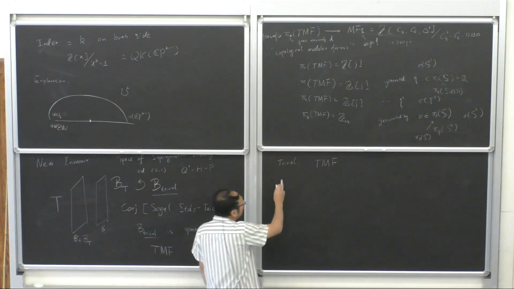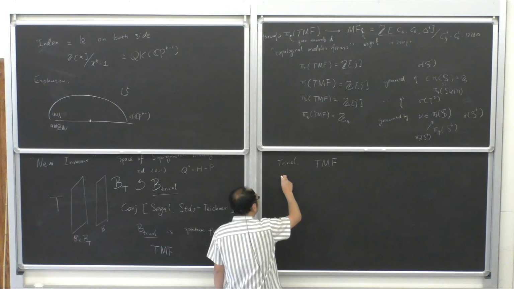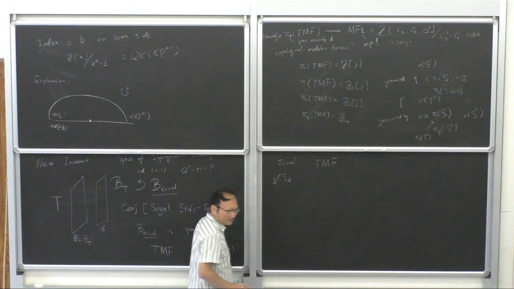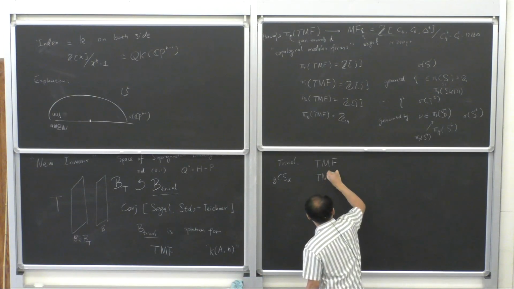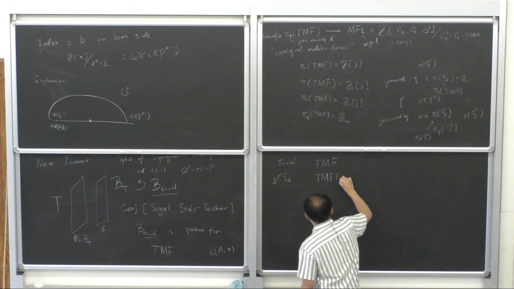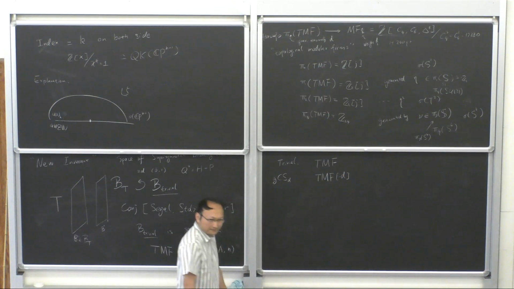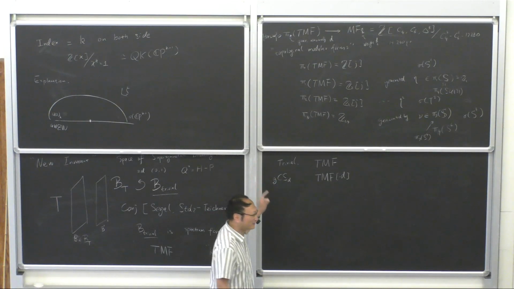And one can make this slightly more interesting by considering a level D gravitational Chern-Simons theory. Then it will be, again, one copy of TMF, but now shifted in degree. So these are, in a sense, boring examples.